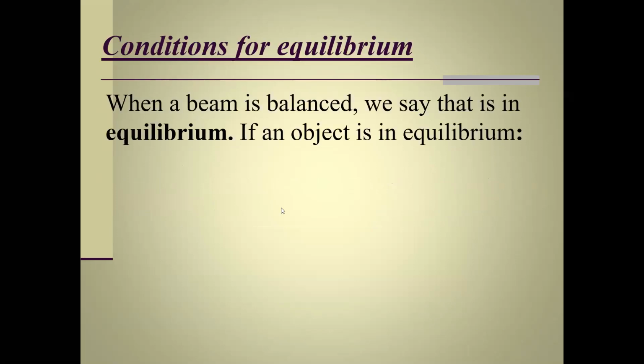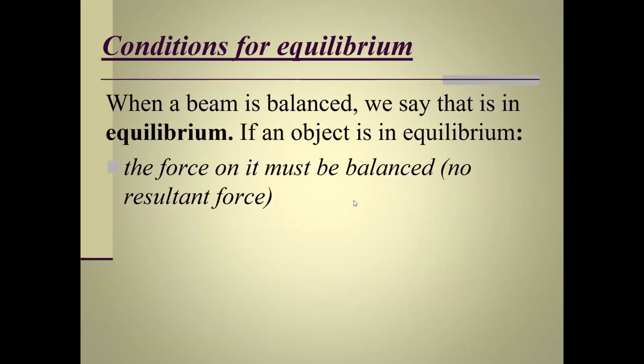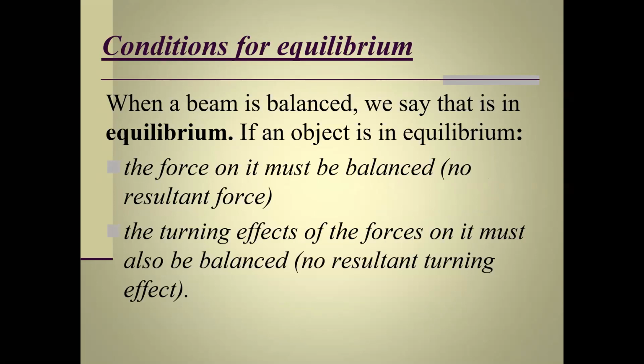And the conditions for an object to be in equilibrium: when something is balanced or the beam is balanced, the forces on it must be balanced, so no resultant force, and there should be no resultant turning effect, or the turning effect will be 0. This is the condition when an object is in equilibrium.